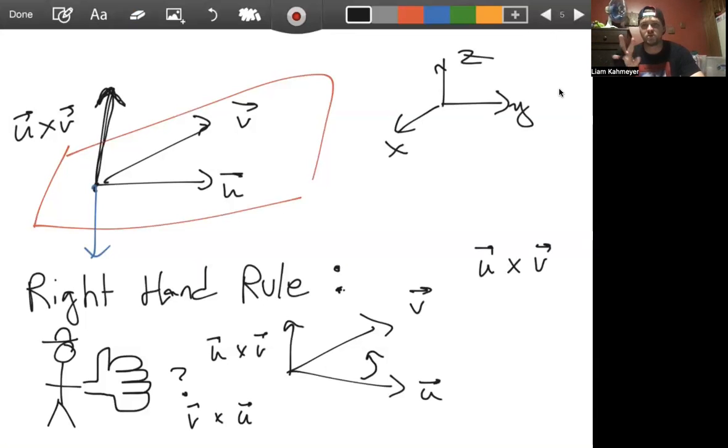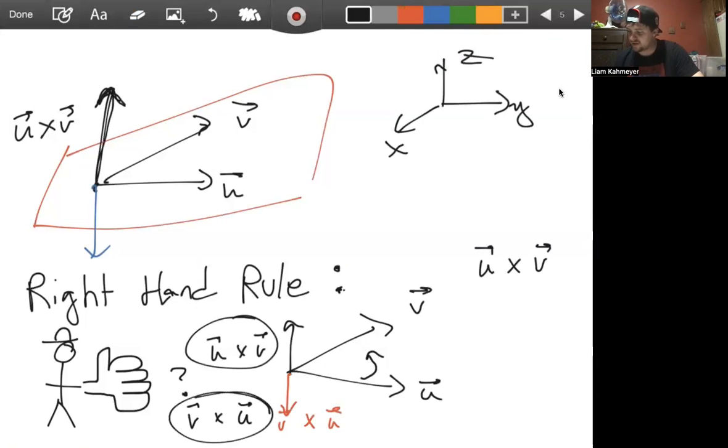What would happen if we switch the order of the cross product here? Well, we point our hand in the direction of v such that our palm is facing towards u. We curl our fingers in the direction of u, and then our thumb points in the direction of the cross product. So in this example, v cross u would point in the opposite direction of u cross v, right? Or it would just be a pi rotation of u cross v.